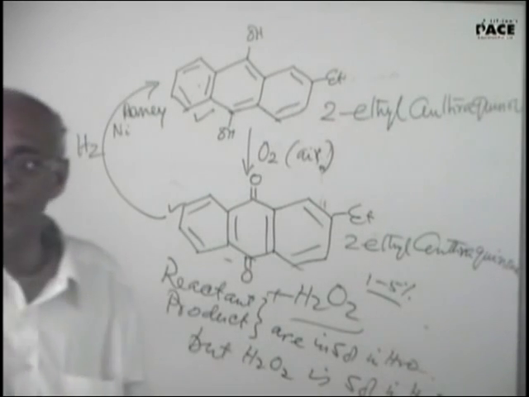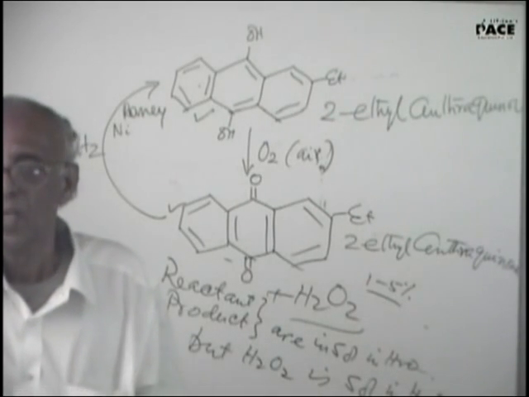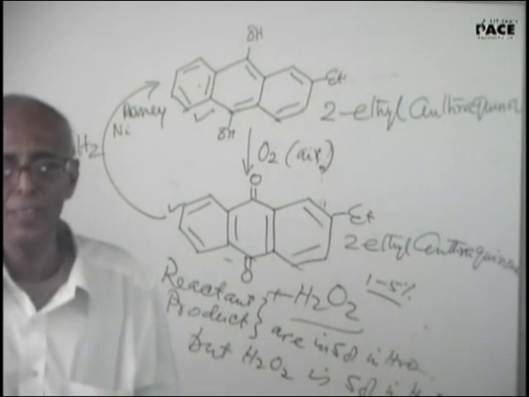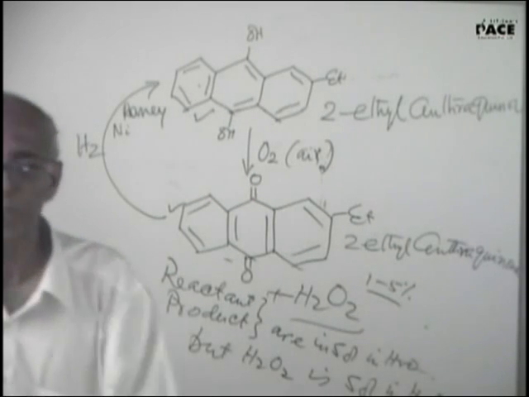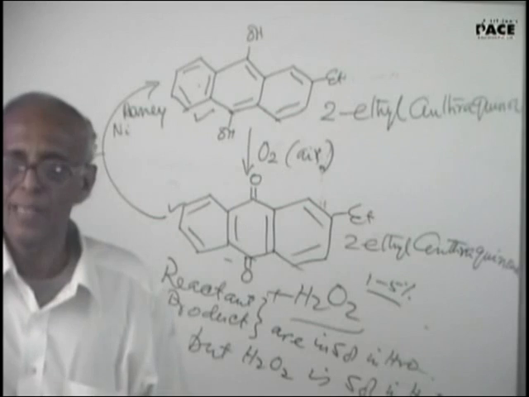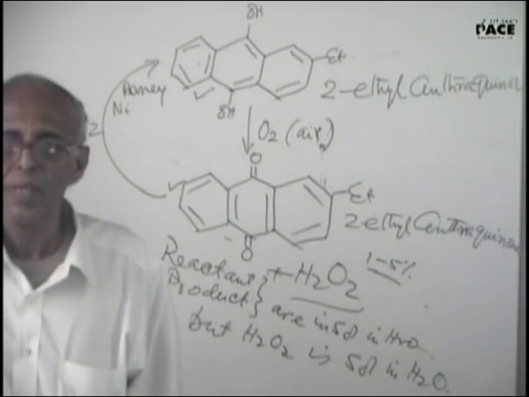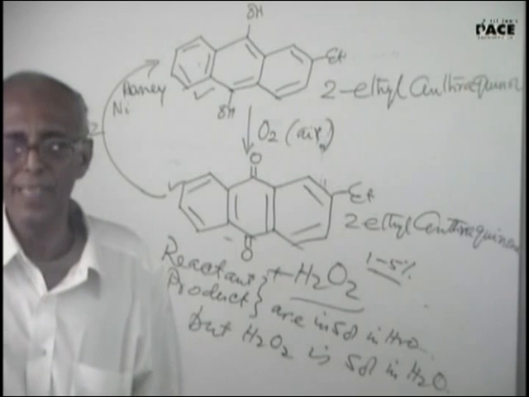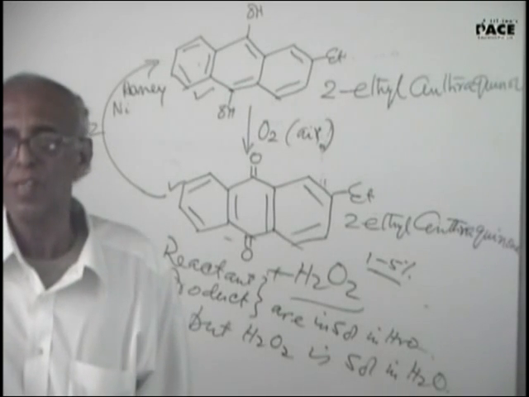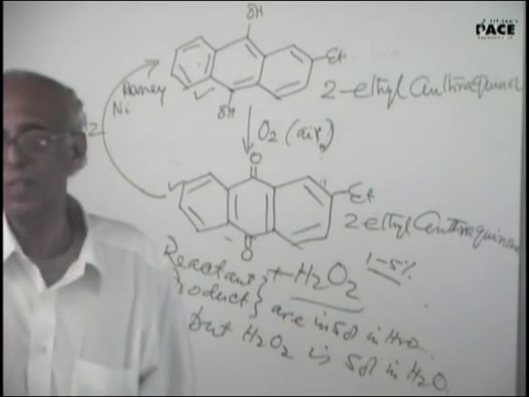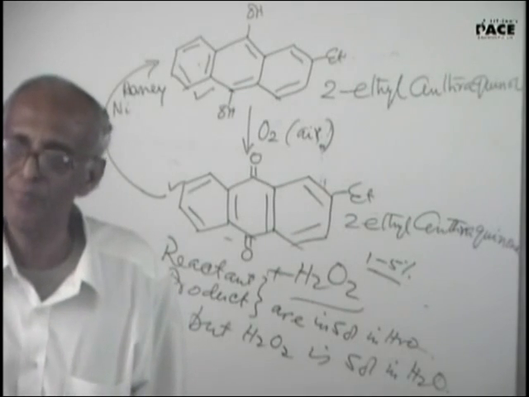So there is no separation problem. You wash it with water, the hydrogen peroxide will go into the aqueous layer, and the non-aqueous layer will be pure quinone. Again you pass hydrogen, you get back quinol. Again you expose to air, you get hydrogen peroxide.